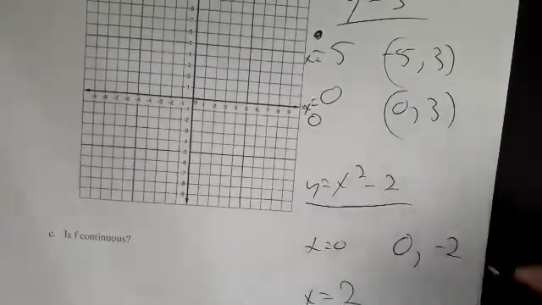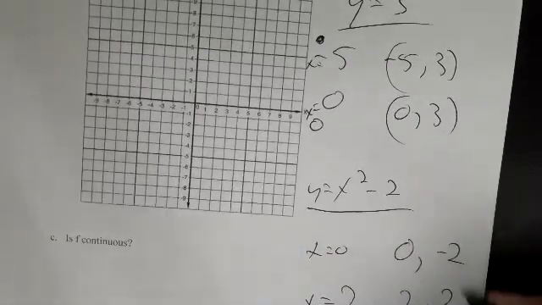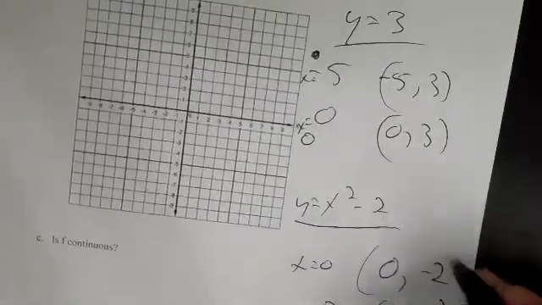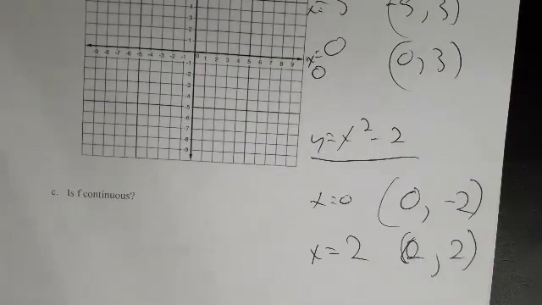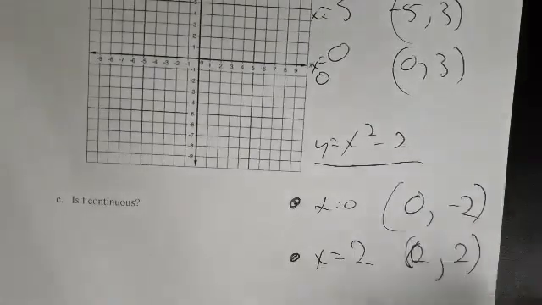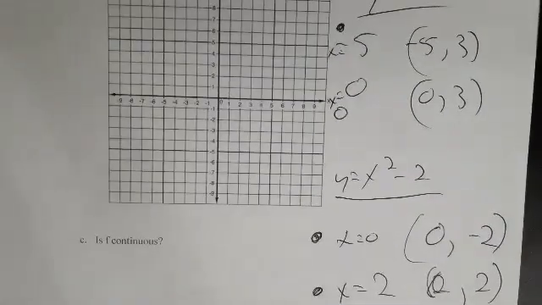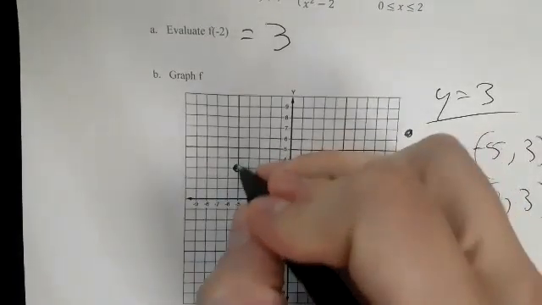If I plug in a 0, I'm going to get a negative 2. If I plug in a 2, I'm going to get 4 minus 2. So this one is solid. This one is solid. I want to graph negative 5, comma 3.